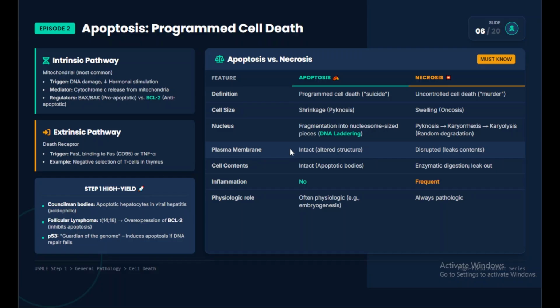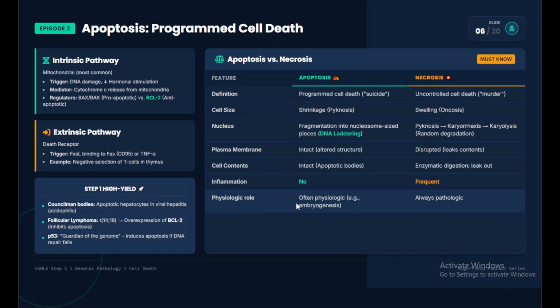Just keep in mind, this is a very big principle to remember: apoptosis is physiologic. Mostly it is physiologic, though it might be pathologic, as I have explained, in viral hepatitis, where Councilman bodies are the pathologic example. But it is often physiologic, like in embryogenesis.